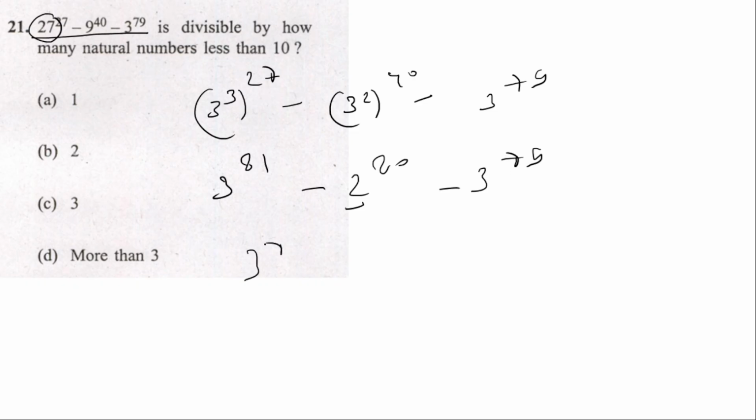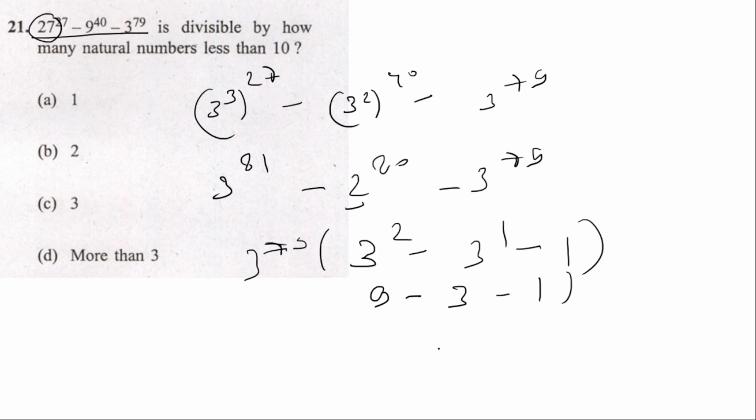Then you will take 379 as common. So here 3 to power 2, 3 to power 1, and here 3 to power 0, and any number to power 0 means 1. So here 9 minus, yeah, you can see 5.